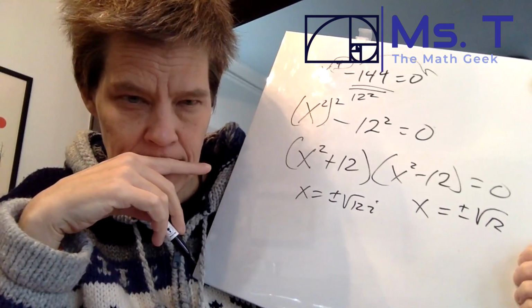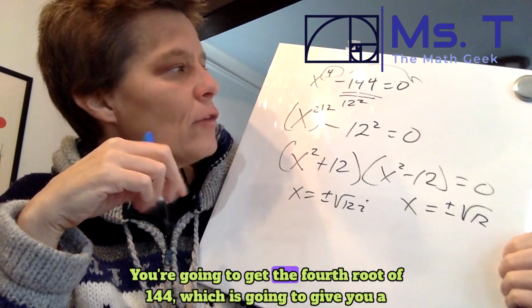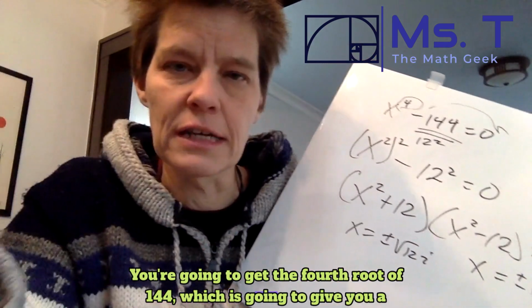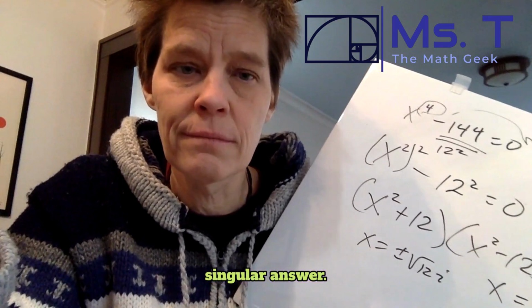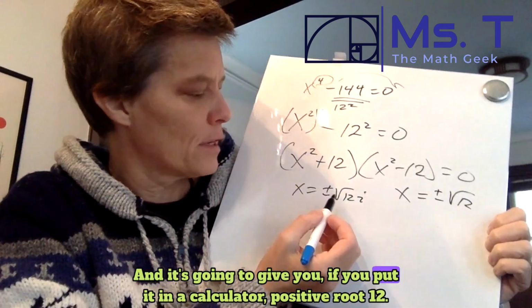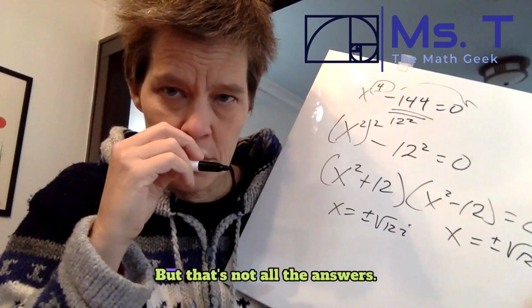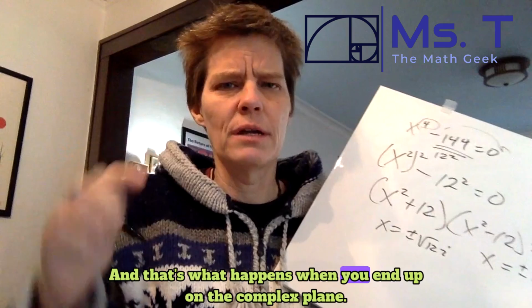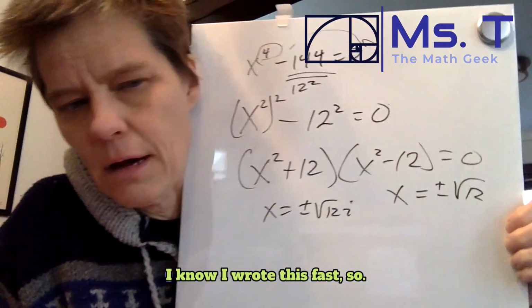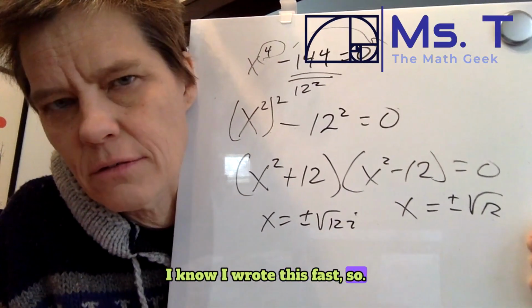You're going to get the fourth root of 144, which is going to give you a singular answer. If you put it in a calculator, positive root 12. But that's not all the answers. And that's what happens when you end up on the complex plane. I know I wrote this fast, so take a gander.